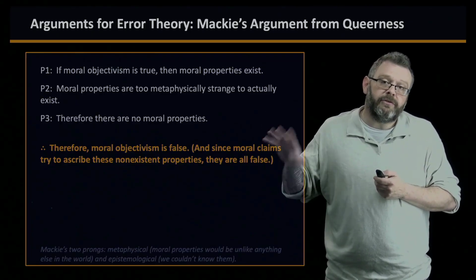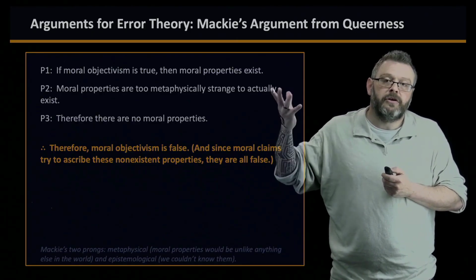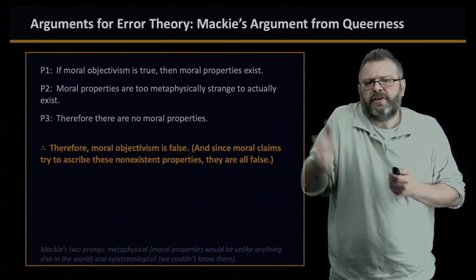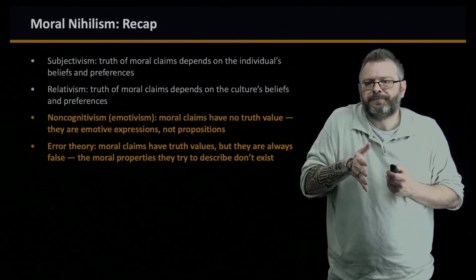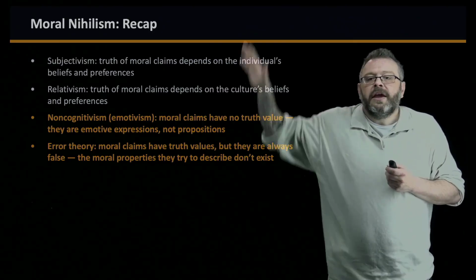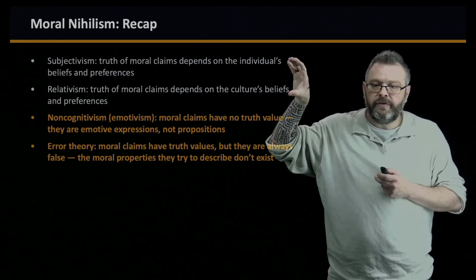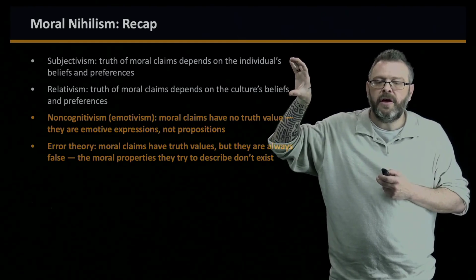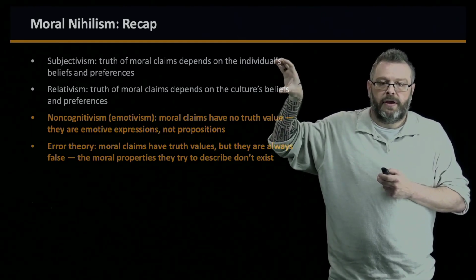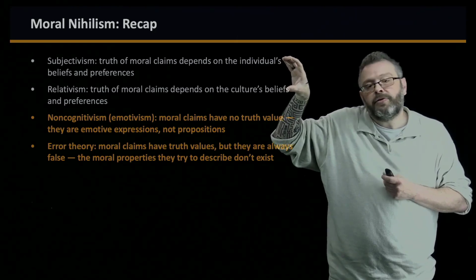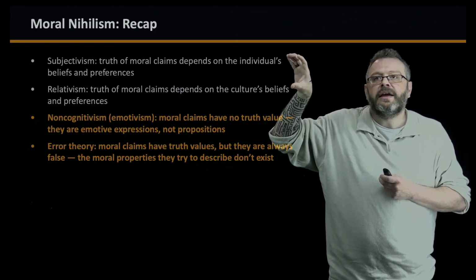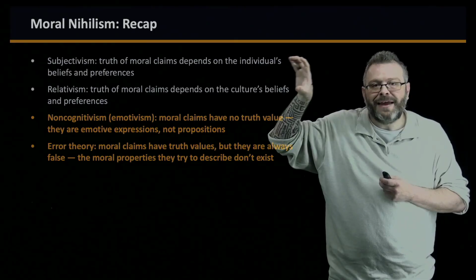That's also the argument that the non-cognitivists kind of co-opt and take a little bit further. So here are all the views we've talked about so far. Our two anti-realist views, subjectivism and relativism. These both agree that moral truth is mind dependent.